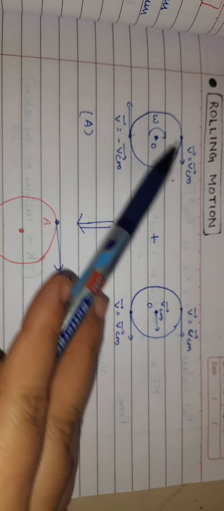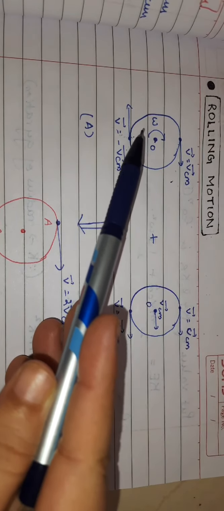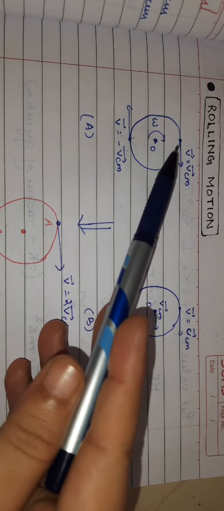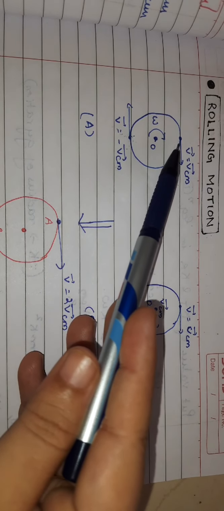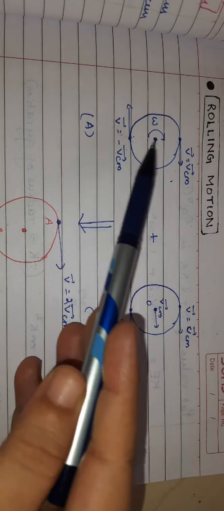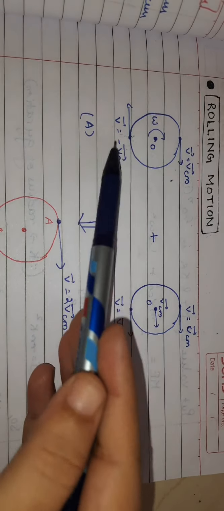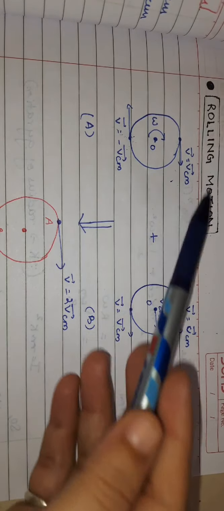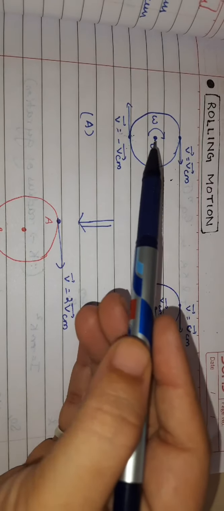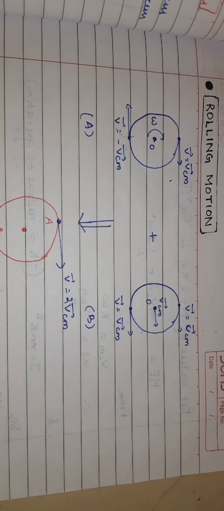So let us talk about this motion of our body which is moving with an angular velocity omega. We have taken three particles on the object: this point is the extreme top, this point is the extreme bottom, and this is the point present at the center of mass. In rotational motion, the rotation is always about the axis on which the body is rotating.